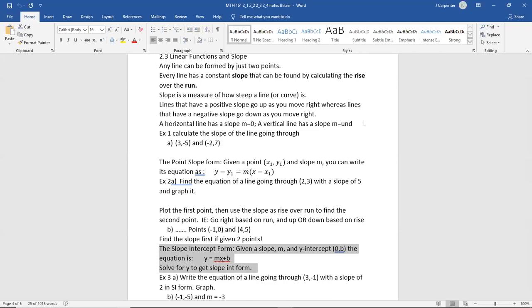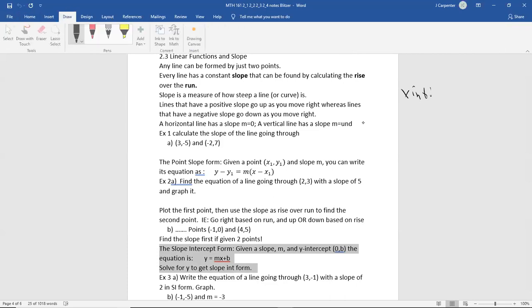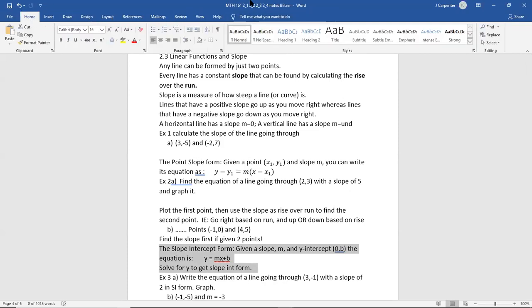Now remember, intercepts always have a coordinate of 0. And remember that x-intercepts are always going to be something comma 0.